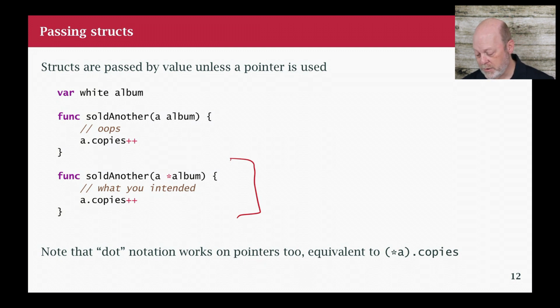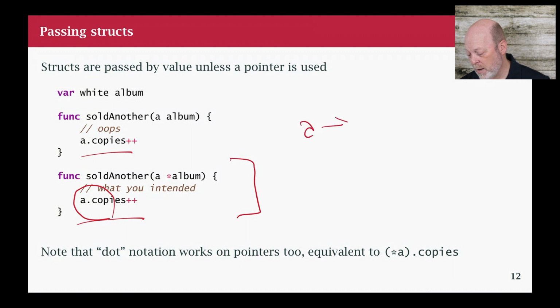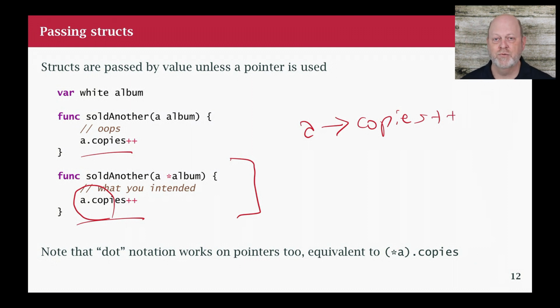Now, notice this little dot notation, all right? One of these was a value, one of these was a pointer, but I'm still using the same dot notation. And if you're familiar with a language like C, you might have expected something like A and a right arrow, because you have a special operator that says access a field of a structure through a pointer. Well, we don't do that.